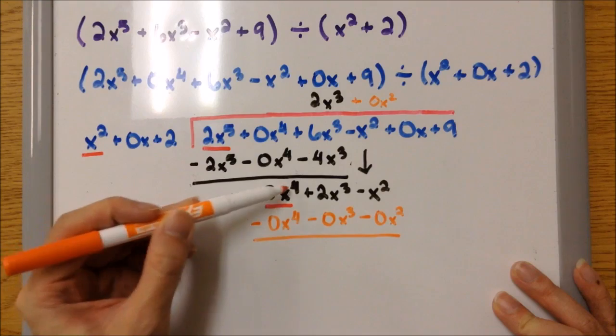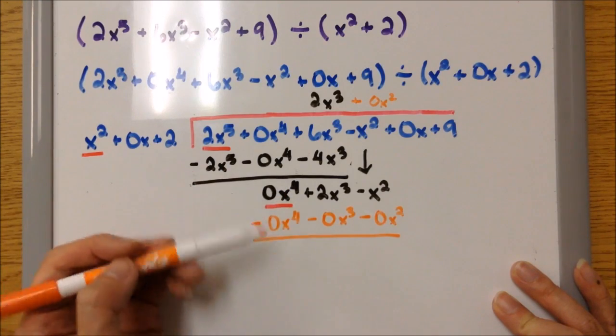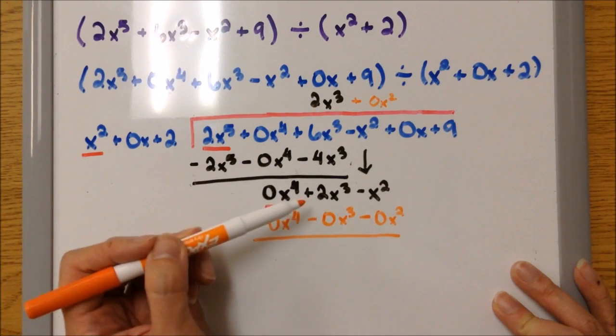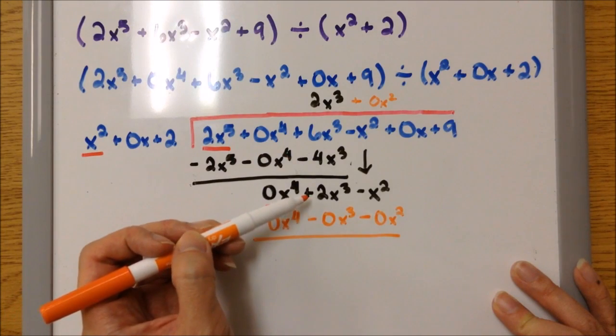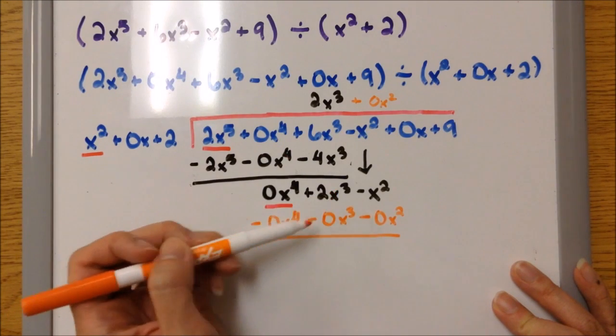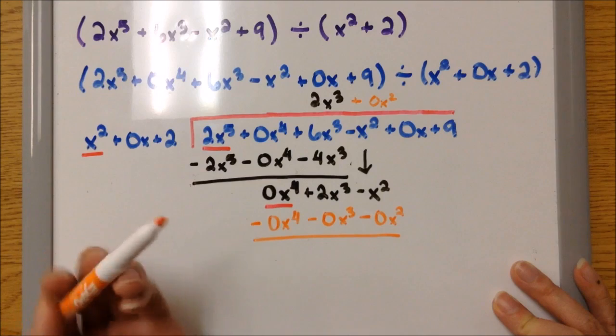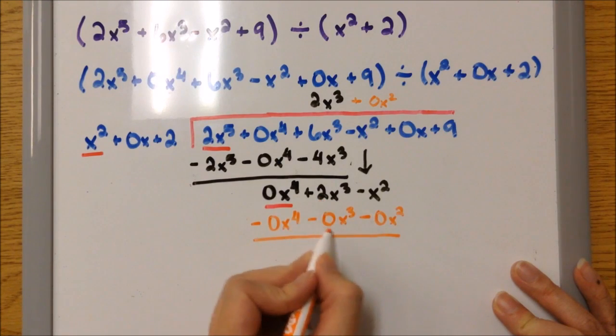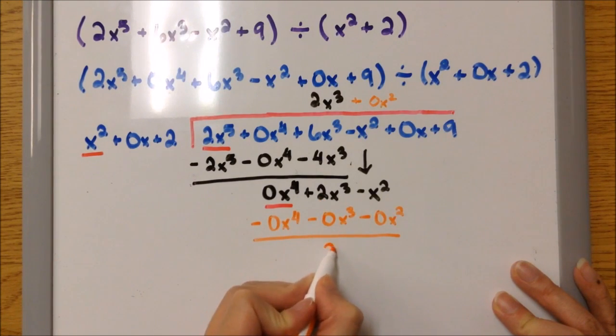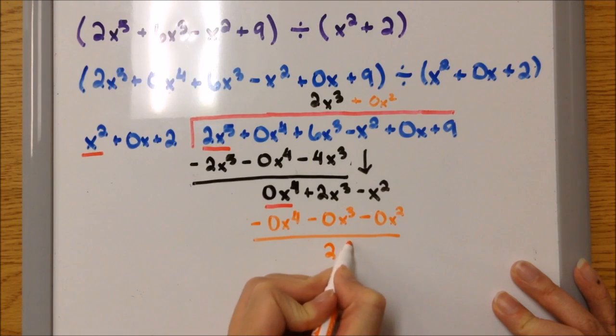And then here, 0x to the fourth minus 0x to the fourth, well, nothing happens. Basically cancel out. Now, positive 2x to the third minus 0x to the third, 2 minus 0, nothing happens to it, so it's just 2x to the third.